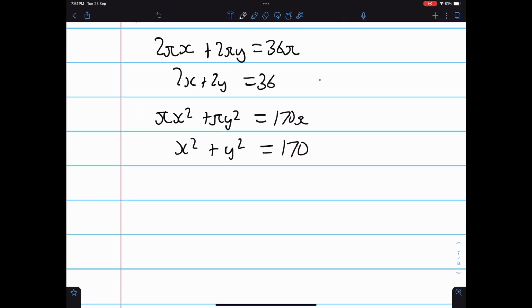And we'll do a substitution, and I can further simplify this with that. So x squared plus y squared, where y is minus x plus 18. I've just done that substitution, that rearrangement here.